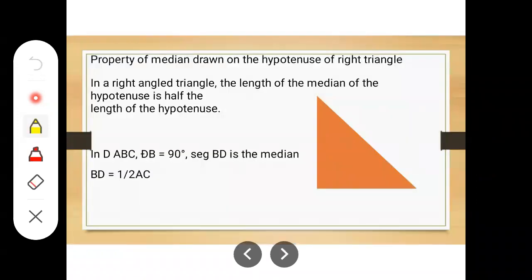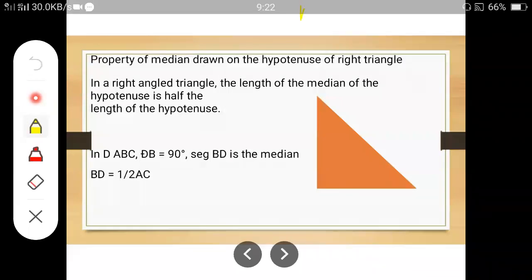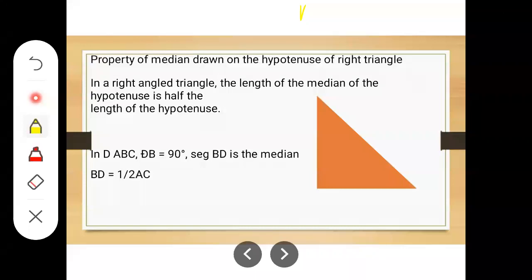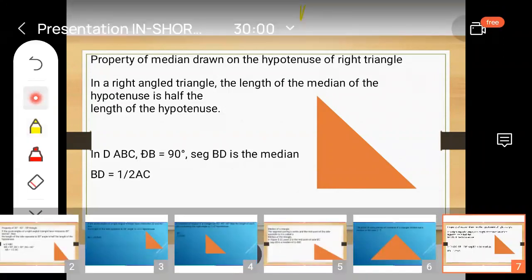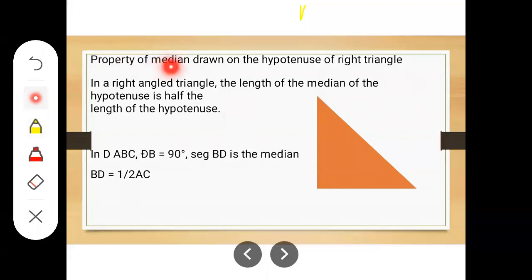Now next point. This is again one of the theorems. We are only seeing here a statement and how to write the equation based on it. The point is the property of median drawn on the hypotenuse of a right triangle.